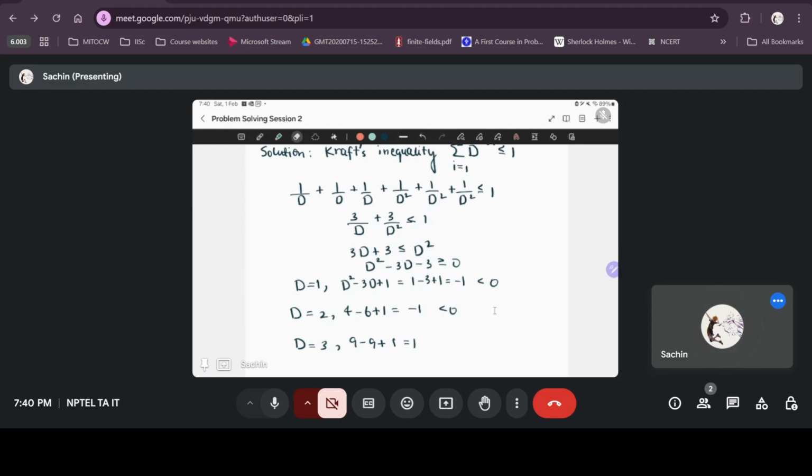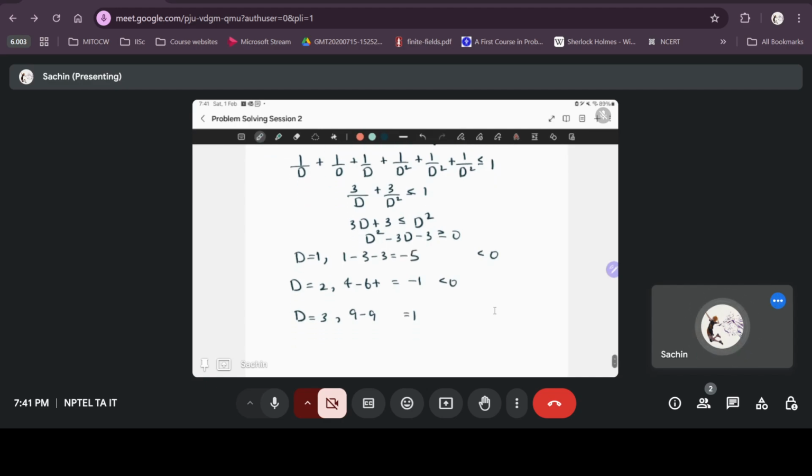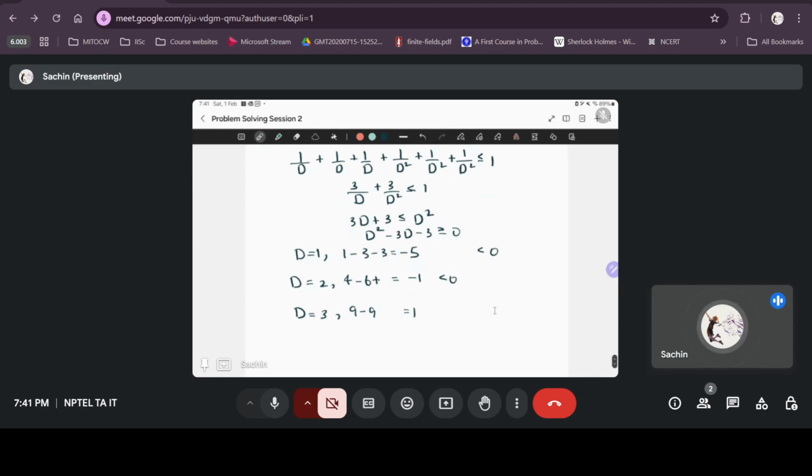So in fact, for d is equal to 1, this is 1 minus 3 minus 3, which is -5, less than 0. D is equal to 2, it's 4 minus 6 minus 3, which is -5, which is also less than 0.